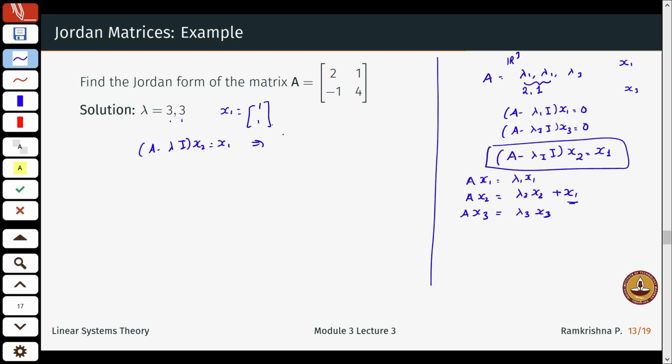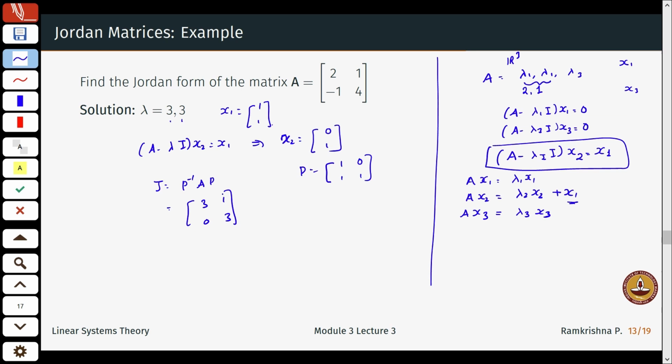This will give me x2, which looks like 0 and 1. So, my P is now 1 1 0 1, and if I compute P inverse A P, this will be 3 1 0 3. You can do the computations and check for yourself.